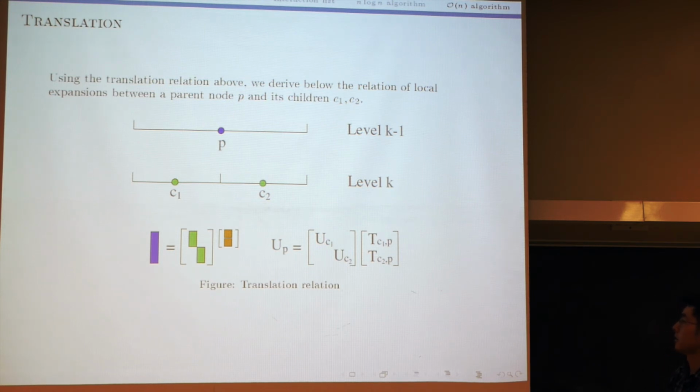The translation relation gives us a factorization of the column basis UP. And by this factorization, we see that we can obtain the information about a parent node P using the information about its children, C1 and C2.